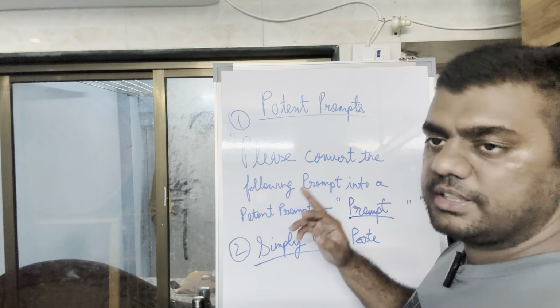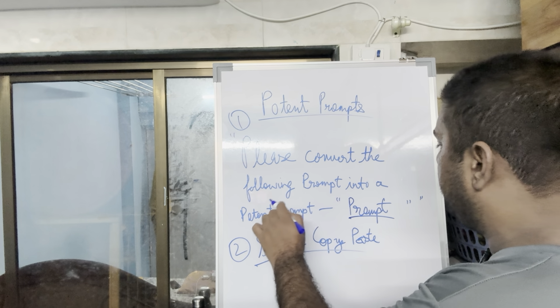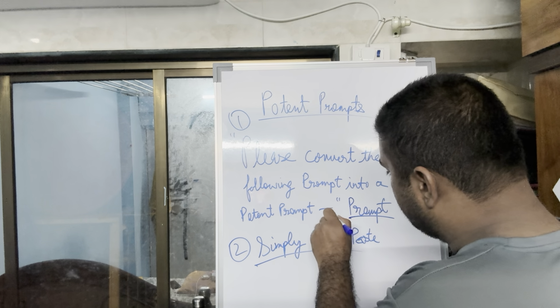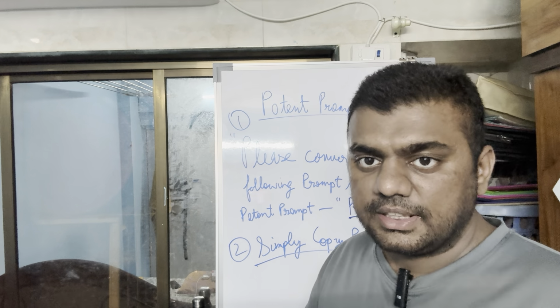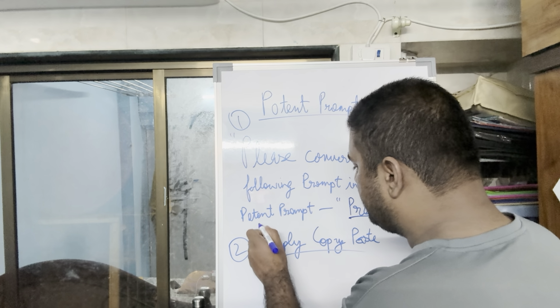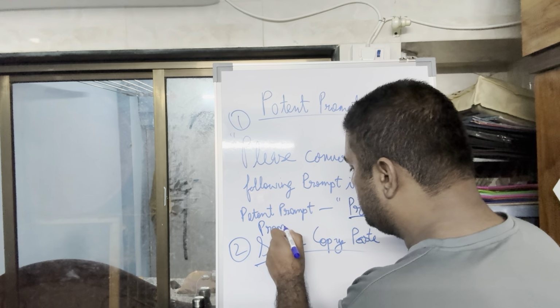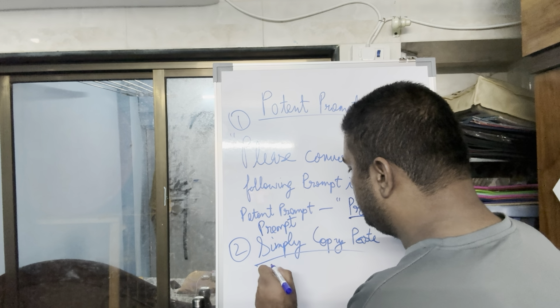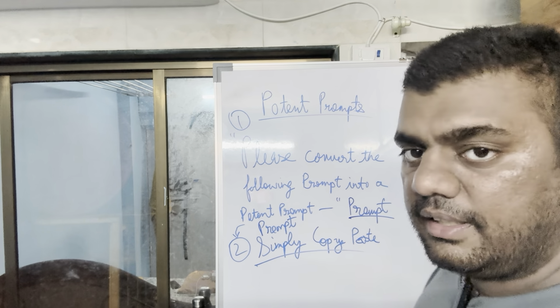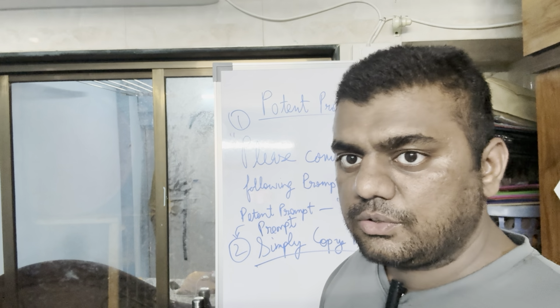So first you have to give this prompt like please convert the following prompt into a potent prompt. You have to write your prompt over here after the hyphen, and then it will generate the prompt for you. And then whatever prompt ChatGPT generates, in the next step, you just have to simply copy paste it in a separate chat. So that is what you have to do.